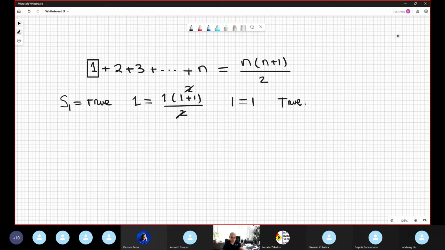Okay, now I want to go to the most interesting part, the inductive step. Okay, you assume S sub k is true. Remember, S sub k is totally hypothetical number in the middle here. Then it's easy because you copy exactly the same equation, but not n anymore, you put k.